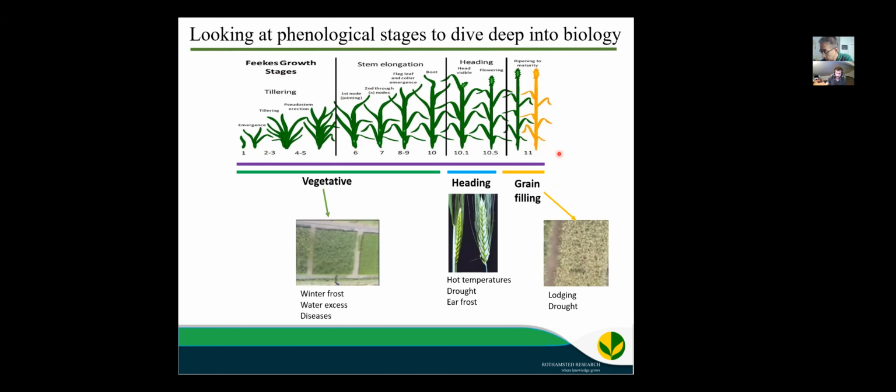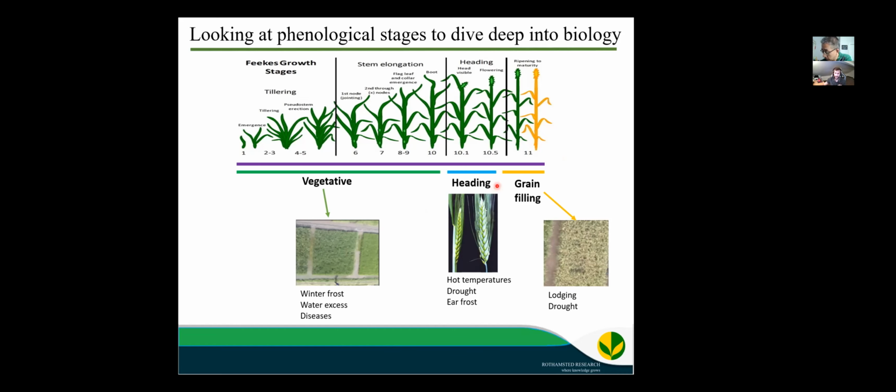And I will not talk about the envirotyping, but what we are also interested in with phenomics is combining it with the envirotyping, all these environmental covariables, to associate as well with the phenological stages and what's happening within each stage.